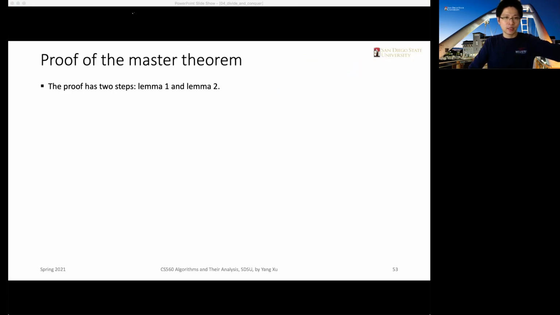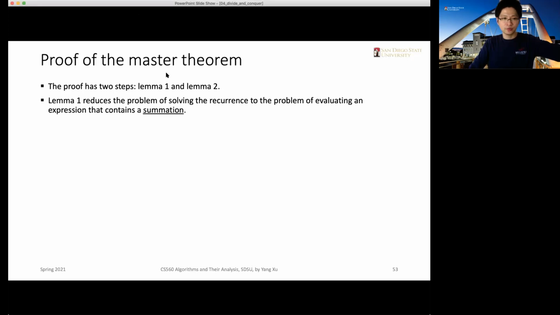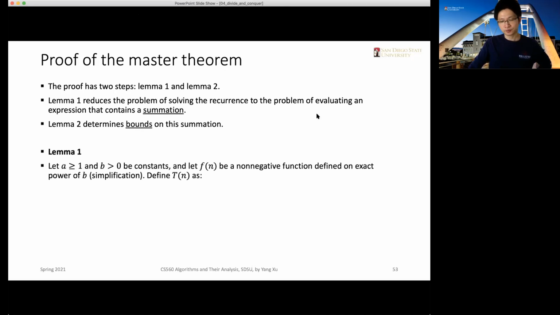So there are 2 steps we will take. The first step is to prove the lemma, okay, which reduces the problem to a new problem of evaluating an expression that contains a summation. And the second is to determine the bounds of this summation. Okay.